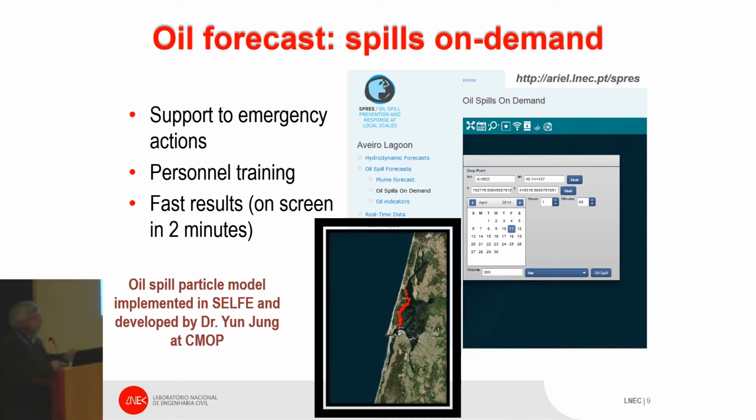If there is a spill, the user can launch his own simulation by using the interface where he selects the point, the location of the spill, the amount of the spill, and the time of the spill. And in a couple of minutes, he's going to have a simulation of the fate of the oil spill.